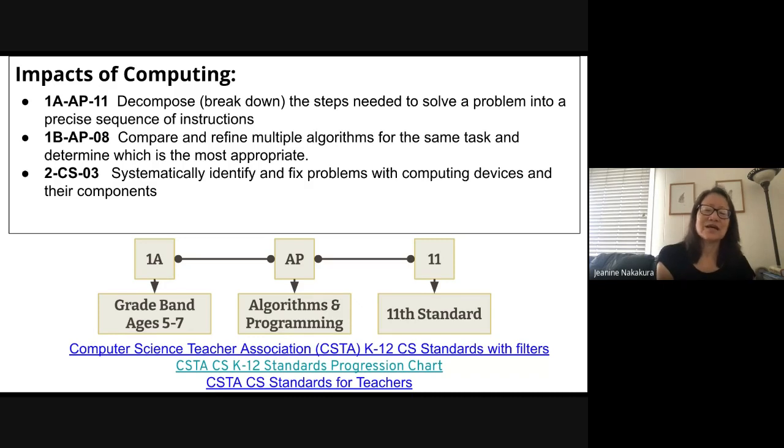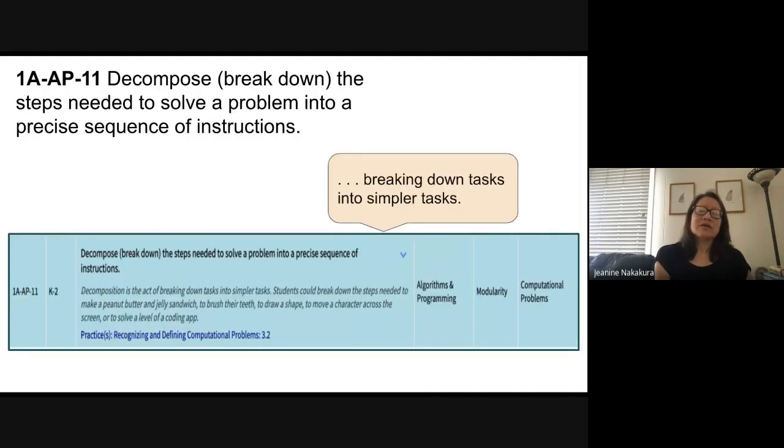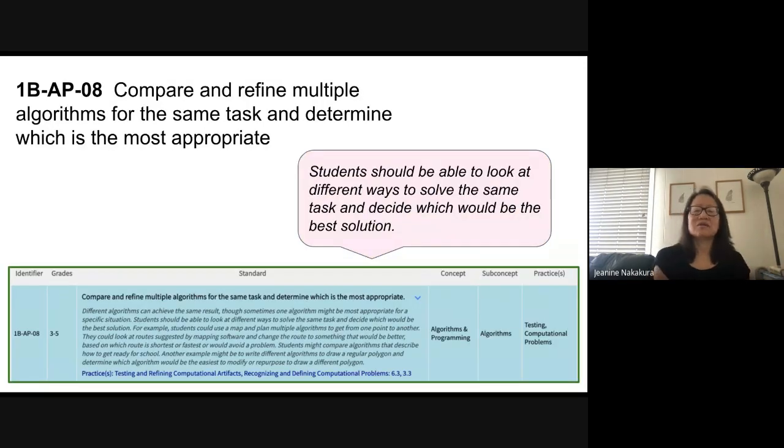Okay, next slide. So here are the standards in more detail. We broke down tasks into simpler tasks. That's in all content areas. And then we looked at different ways to solve the same problem, like that word problem, right? From Lisp to Java. There's not one way to solve it, but we can put our heads together and think about different ways to solve problems. Okay, next.